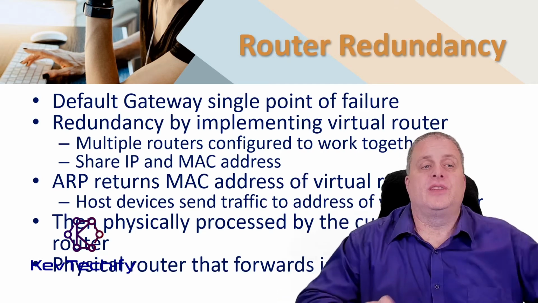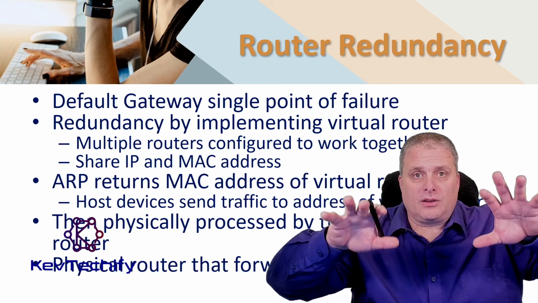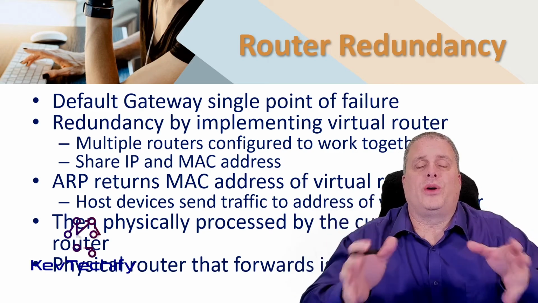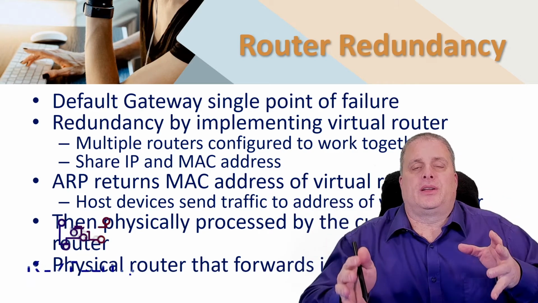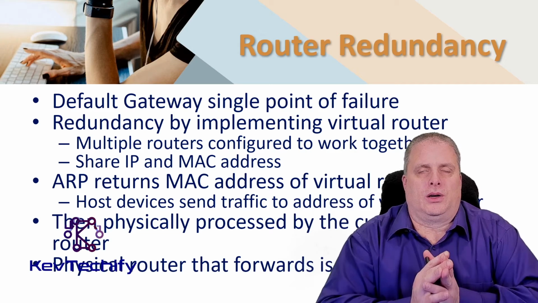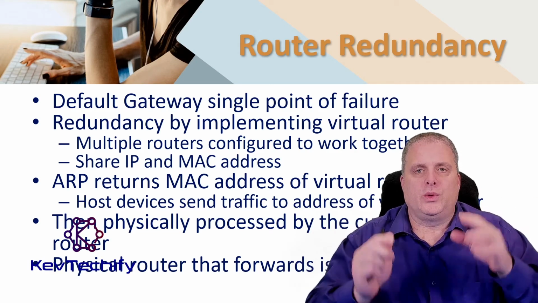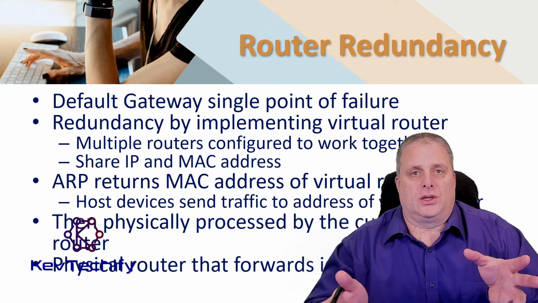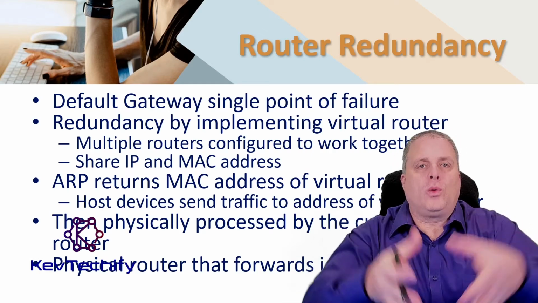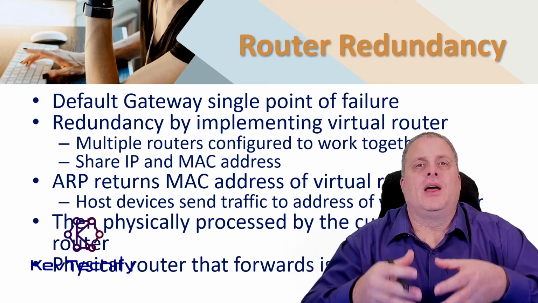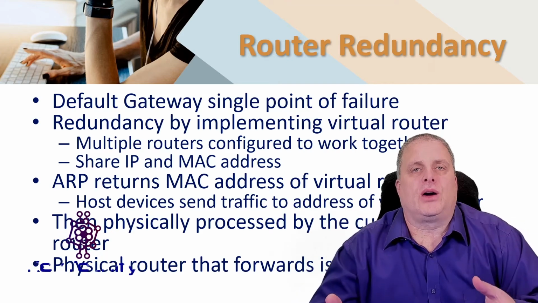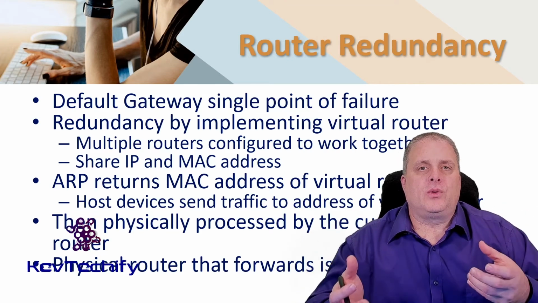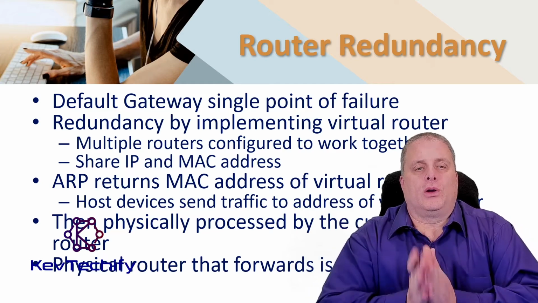How do we take care of this limitation of the default gateway being a single point of failure? We implement what we call a virtual router. And what we do with this virtual router is we take more than one router, 2, 3 routers, and we make it look like one router in software. So physically you have at least 2 routers, but in the software, we make it look like one router.